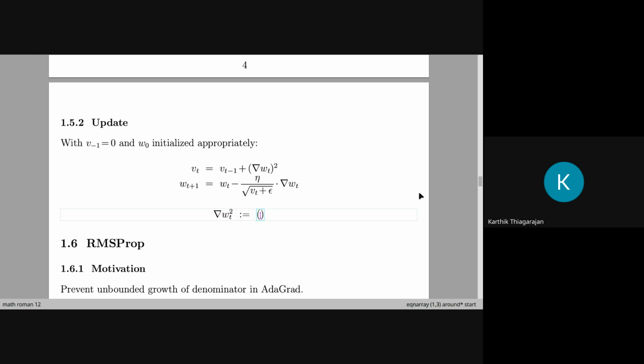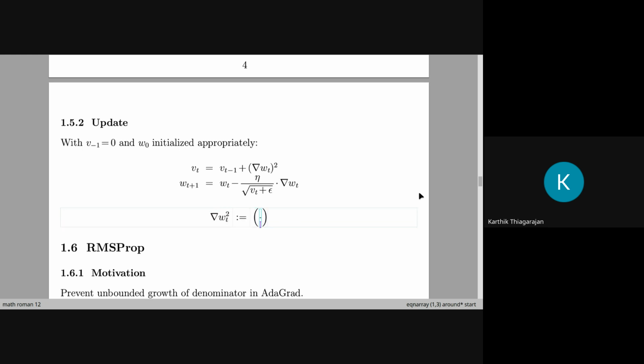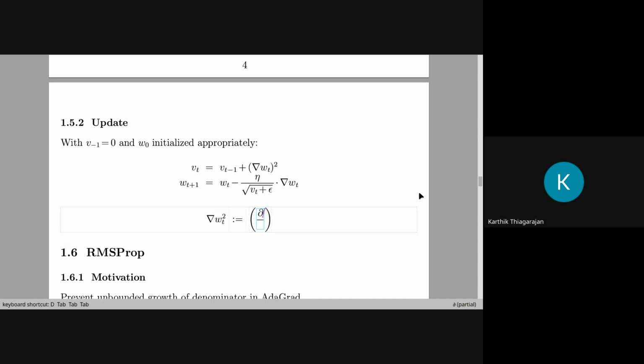Let's say Wt has only two components, then this will be del L by del W1, comma, del L by del W2, squared, right? So I should maybe enclose this within brackets. I hope you get this. This is an element-wise multiplication. This is what it means.